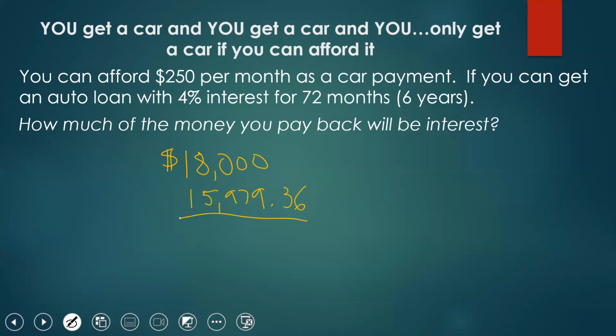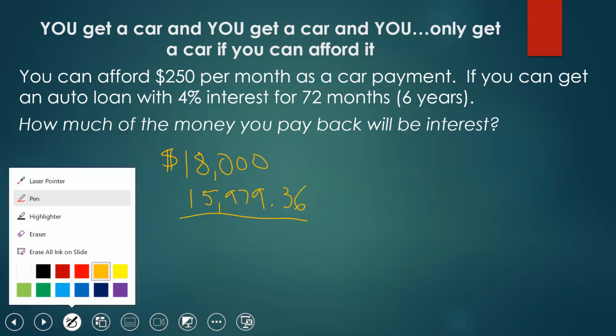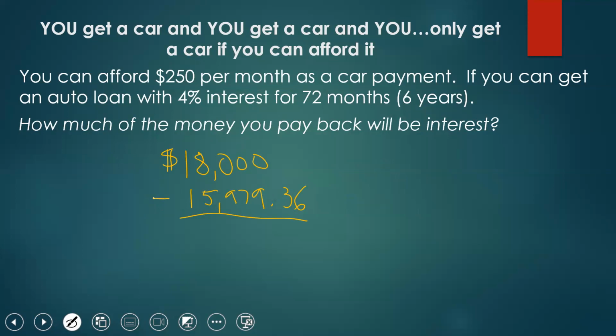If we just use our reasoning skills, we know the difference between those two. If I subtract them, that'll give us how much we end up paying in interest. So in this case, our answer ends up being $2,020.64. If you plug that subtraction into your calculator, again doing the 18,000 minus the 15,979.36, we end up with the amount we pay back in interest.